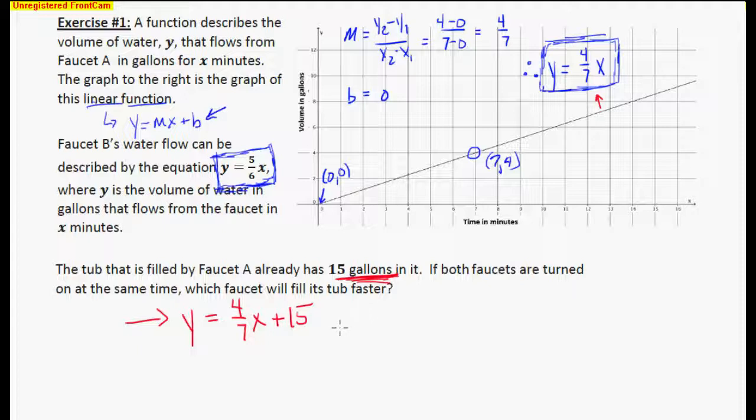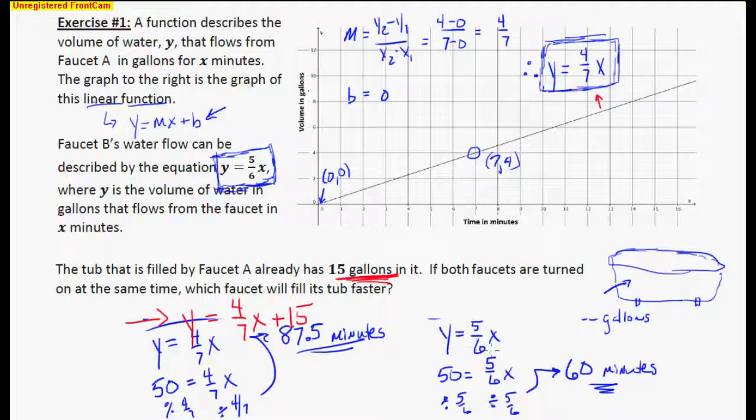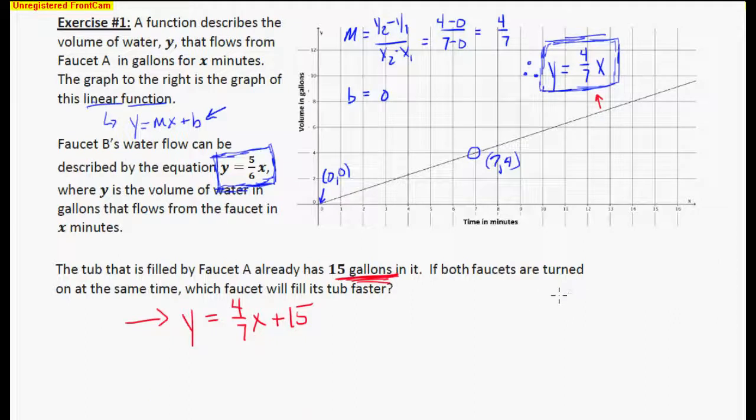So if both faucets are turned on at the same time, which faucet will fill its tub faster? Now if we go back to the previous example here, faucet B took 60 minutes, so I'm just going to write that down. I'm going to say faucet B took 60 minutes because we're not going to change that at all.